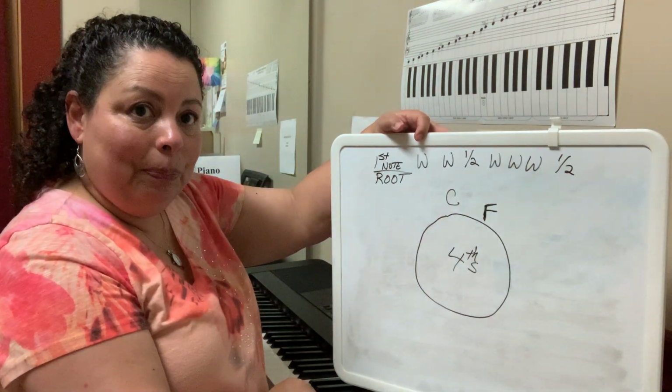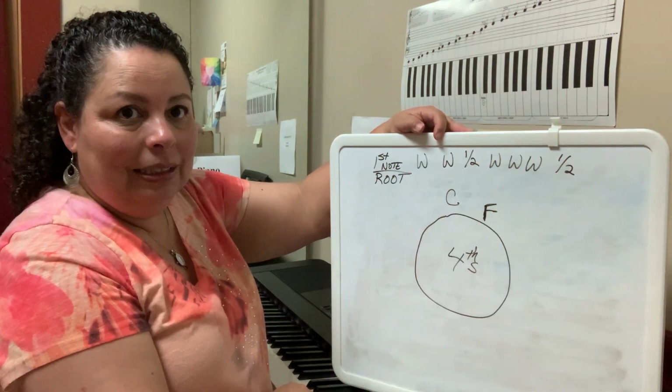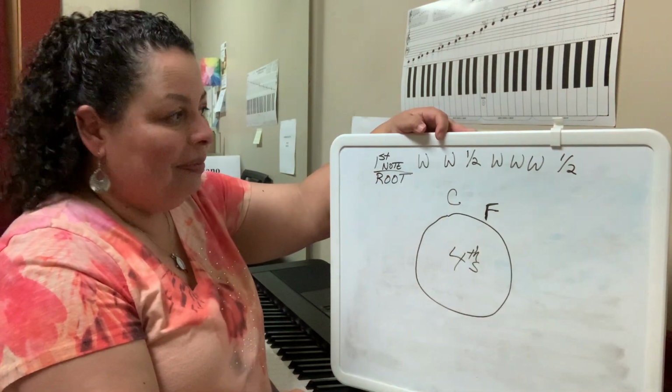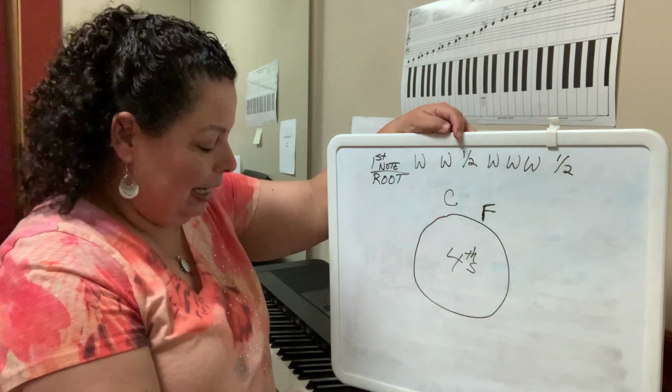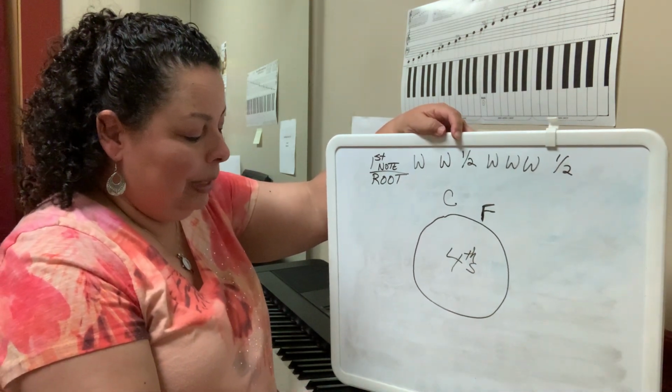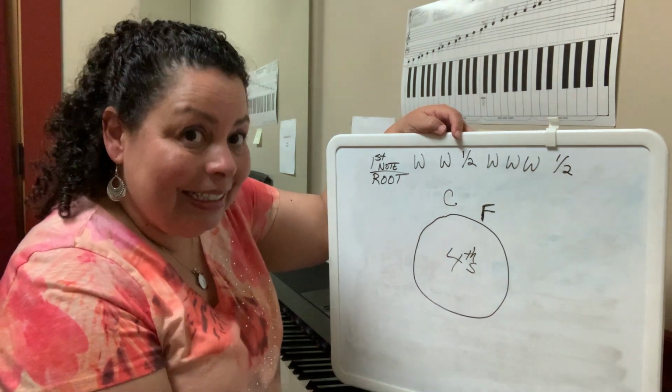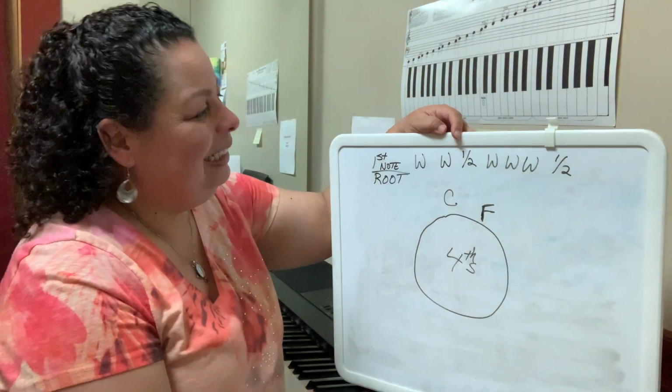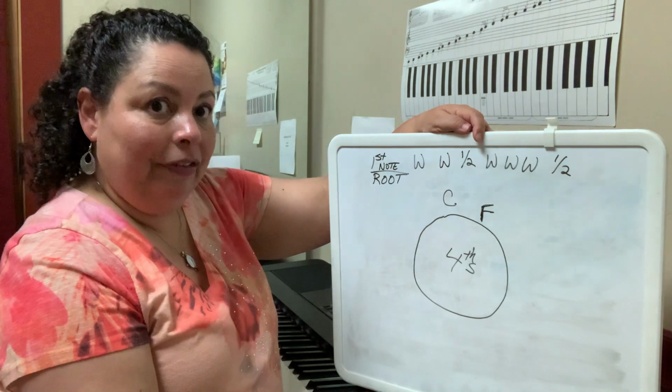Now a whole step. Another whole step. Now a half step. Look at your fingers. What's going to be the half step? It's going to be a B flat. All right. Now whole from B flat.